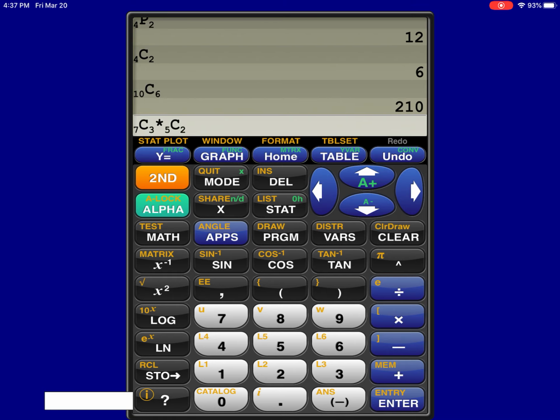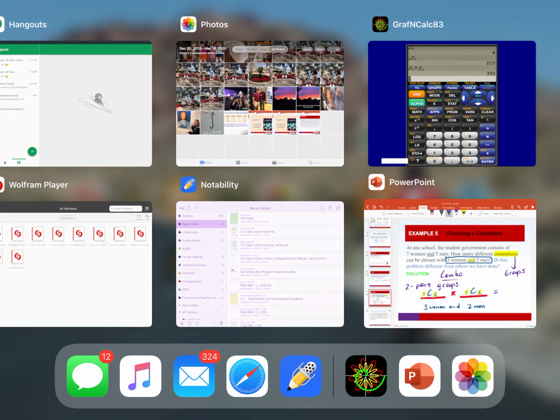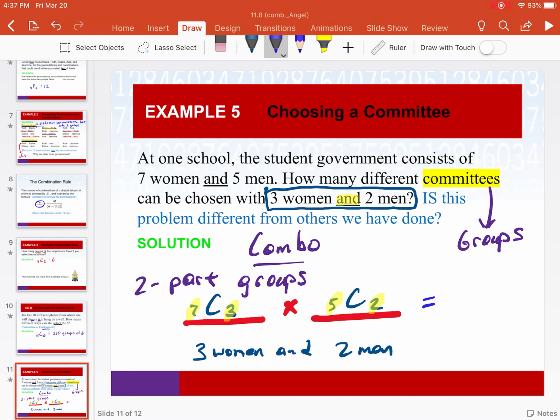So 7C3 times 5C2 and 350. So quite a lot of different groups that we could have. 350. Okay, so we'll have 350 such groups.